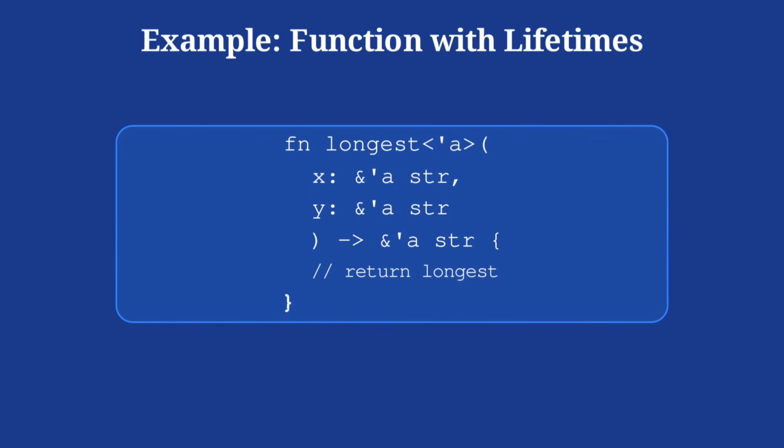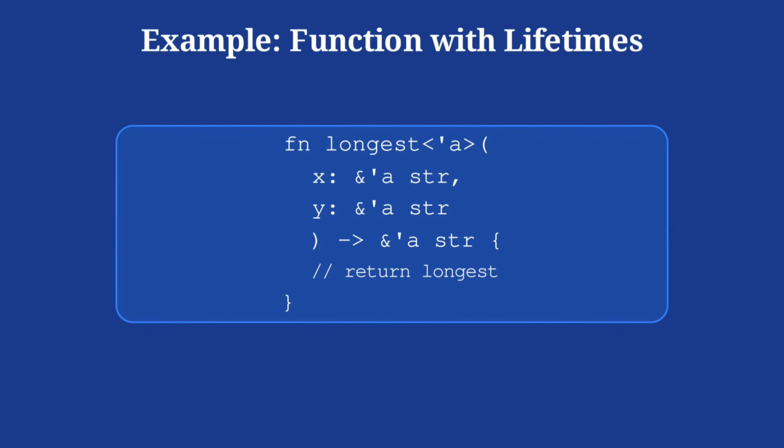This 'a syntax, the tick a, is a lifetime annotation. It's telling the compiler for some lifetime, which we'll call 'a, our parameters x and y must both live at least as long as 'a. And the reference we return will also live at least as long as 'a.